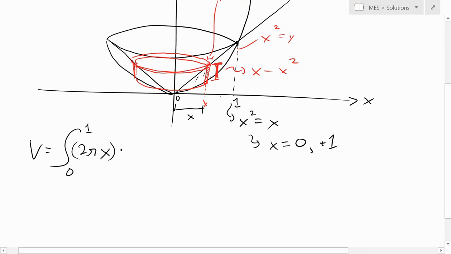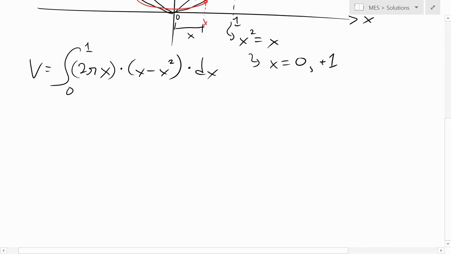The height is x minus x squared, times the thickness dx. Now we can simplify this, take the 2 pi constants out. It goes from 0 to 1, multiply the x inside, so x squared minus x cubed, now this dx. And now we can solve this integral.